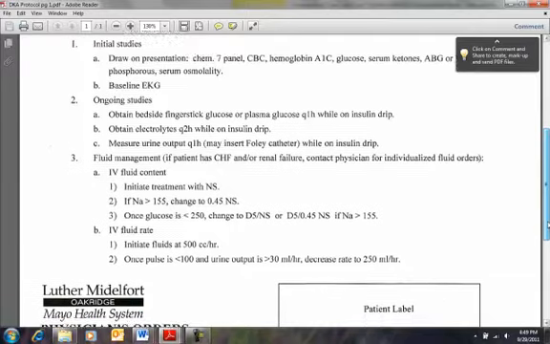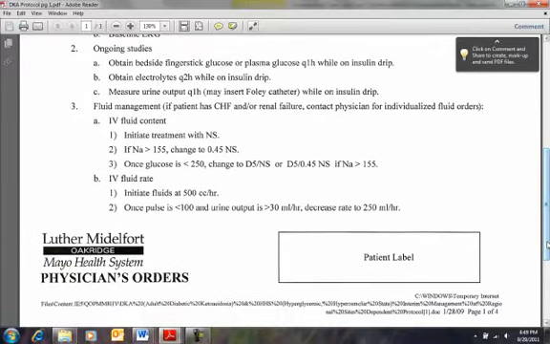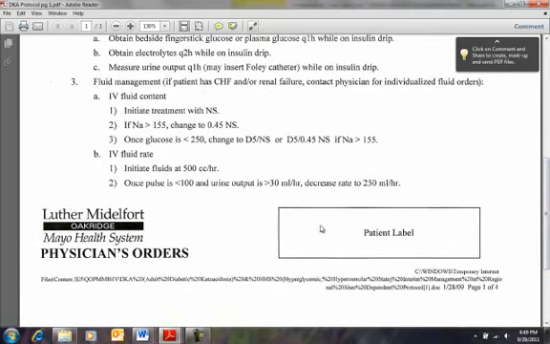So to avoid that, that's why they're adding a hypertonic solution until we get those blood sugar levels down to normal. Otherwise, it seems kind of strange. Why would you be giving dextrose or sugar water to someone that's got a high blood sugar?